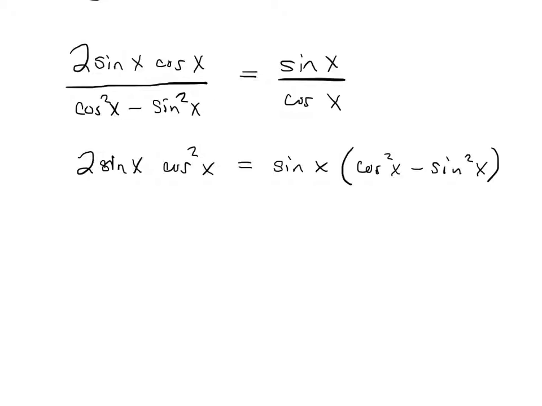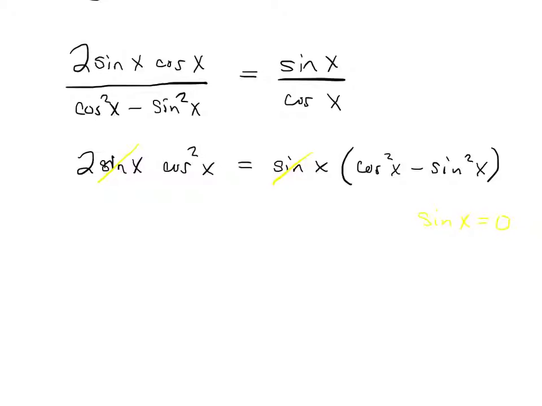We can't do that, because if we just canceled it and forgot about it, we would be excluding the solution sine x equals 0. So I'm going to be careful, but you could cancel sine x and say sine x equals 0 as one of your solutions and carry out the rest as it is.